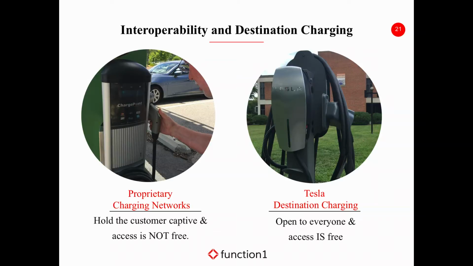So where we are now in the industry, a very early industry, is that these proprietary charging networks are all over the place. If you go onto Tesla, you can see the Tesla charging stations. If you go onto ChargePoint, you can see the ChargePoint charging stations. What we're saying is that if you want to find a charging station, sure, you can go onto all these proprietary networks, but it needs to be on the website of the place where it's actually located, right?